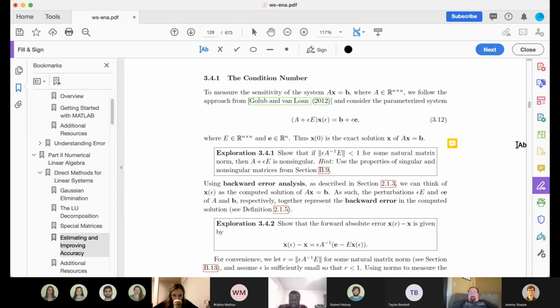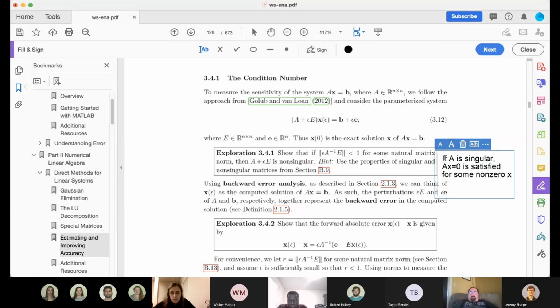If A is singular, then Ax equals 0 is satisfied for some non-zero x.